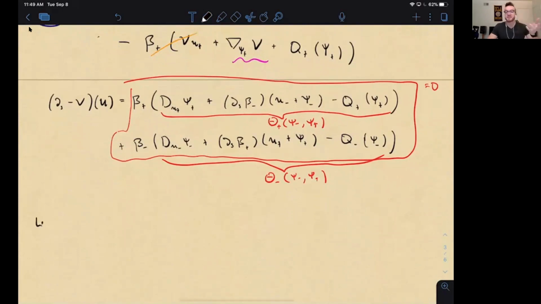So the fact is that we can do this. In this transverse scenario, we can actually find psi minus and psi plus to make each of these theta functions 0 and therefore glue.